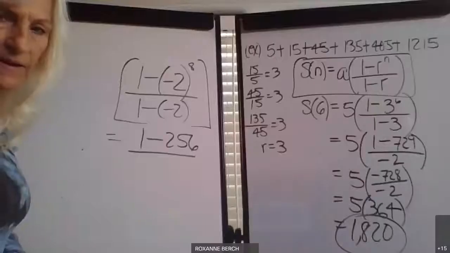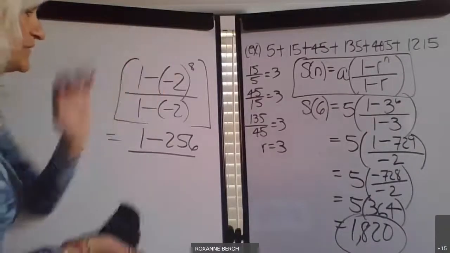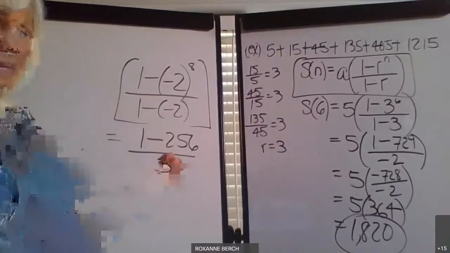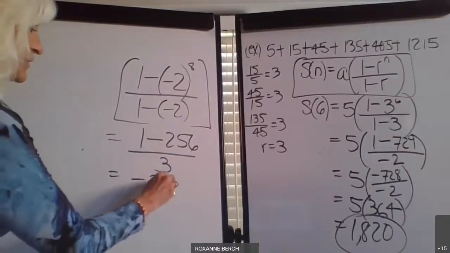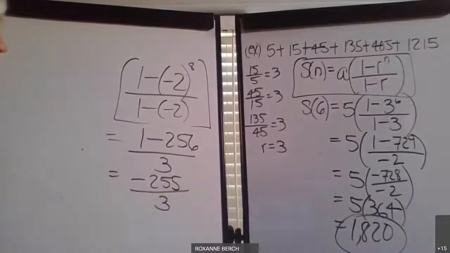So you see, I only put the 2 to the 8 in the calculator. So it's 1 minus a positive 256 over 1 plus 3. So this would be what? A negative 255 over 3.